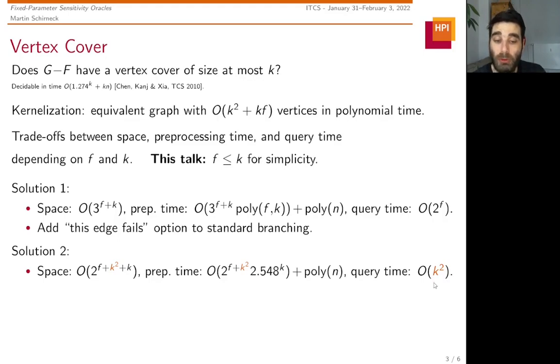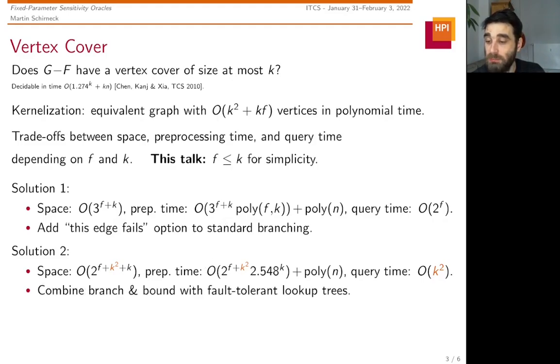But it is polynomial in the parameters. But we pay for this improvement somewhere else, namely in the space and the preprocessing time, which has this k² term in the exponent, which then for a large k might be much larger than the 3^k which we initially had here.